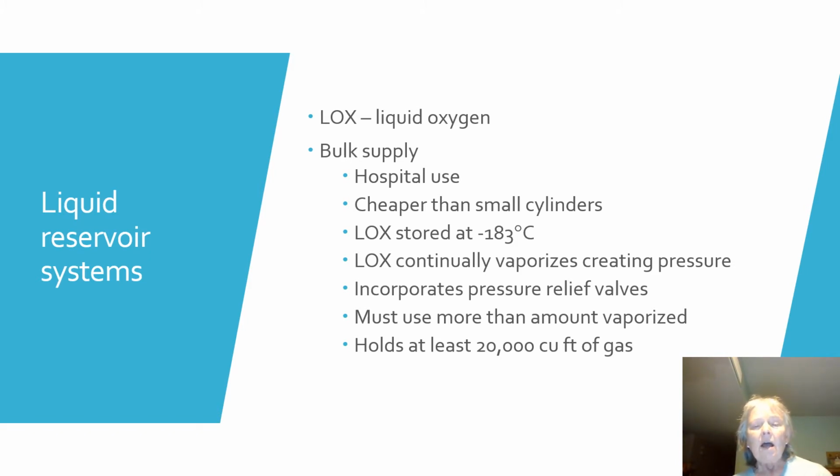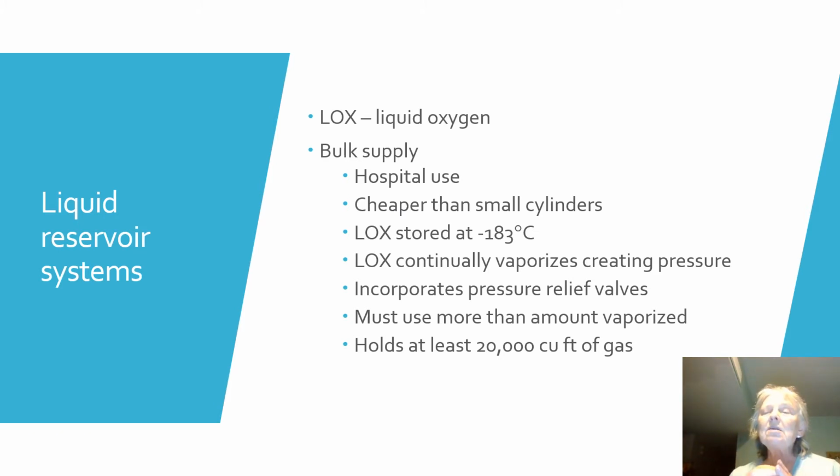Along with that, your liquid oxygen is stored at about negative 183 degrees Celsius. It's continuously vaporizing. If you go up to the hospital and ask to see the bulk system and they take you out, you'll sometimes see a lot of ice crystals around the bottom, and that's the vaporization from that liquid system. There are pressure relief valves in the system.